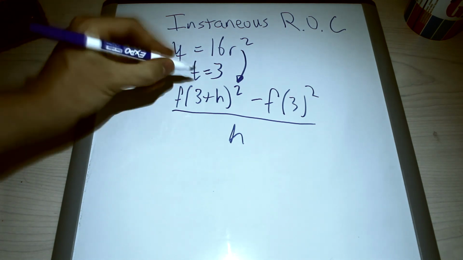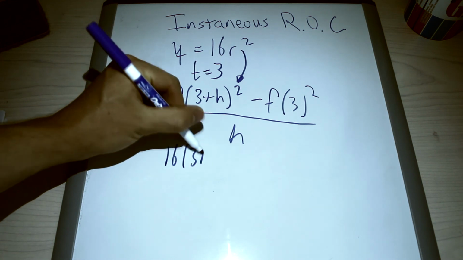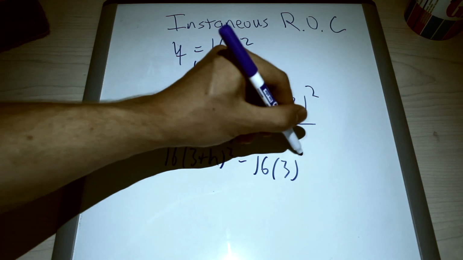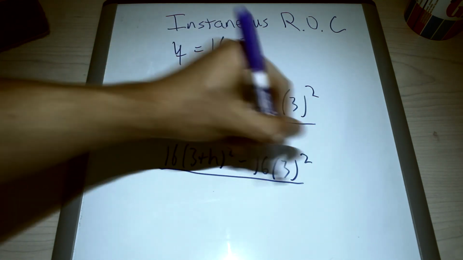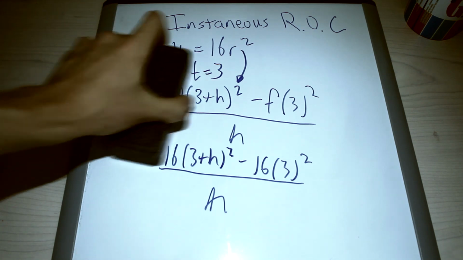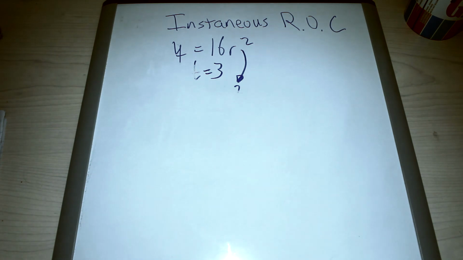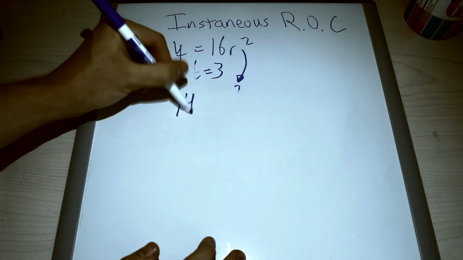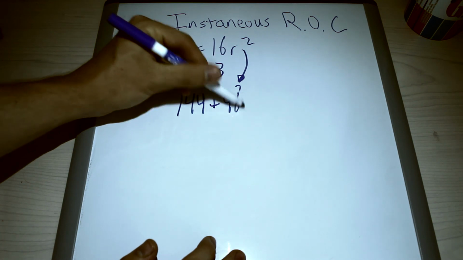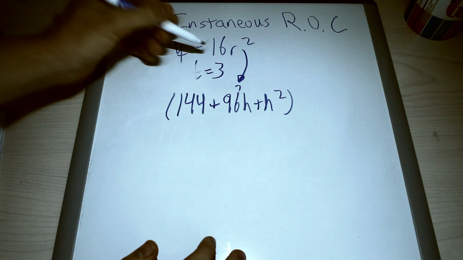So if we plug in the rest of the function, it becomes 16 times (3 plus h) squared minus 16 times 3 squared, all over h. Once you do the math, you're going to get 144 plus 96h plus h squared.